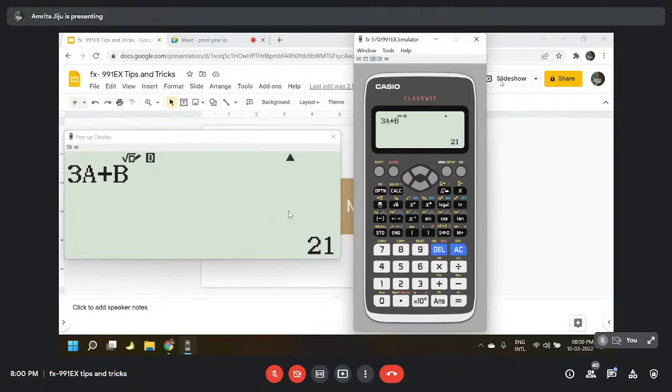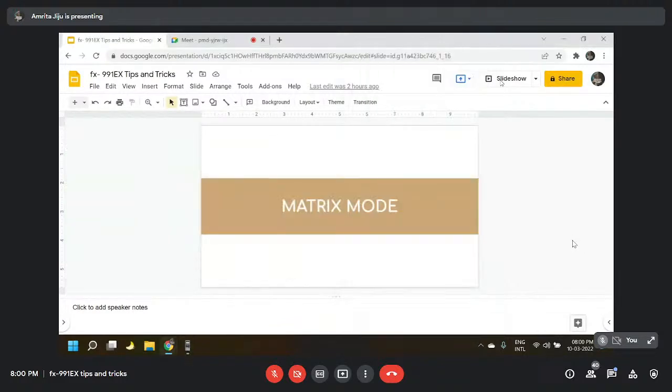This kind of approach can help you with row and column operations. So that's how you do a calculation by setting up an equation and giving values as input. That's what the calculate button is used for. So that was almost all about the matrix mode. Now coming to the vector mode.